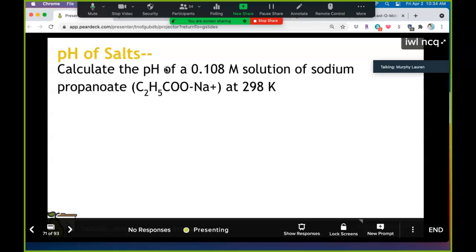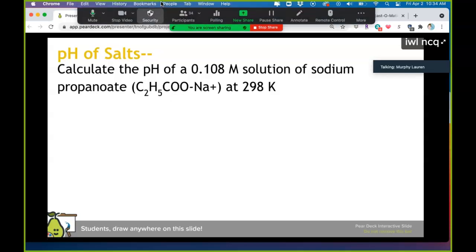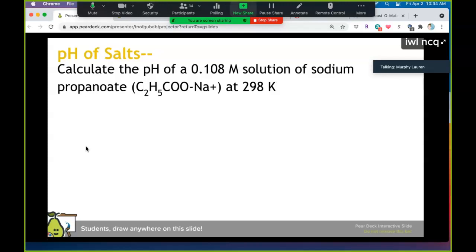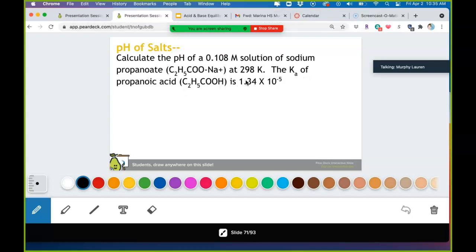So it says calculate the pH of a 0.108 molar solution of sodium propanoate. The Ka of propanoic acid is 1.34 times 10 to the negative fifth.